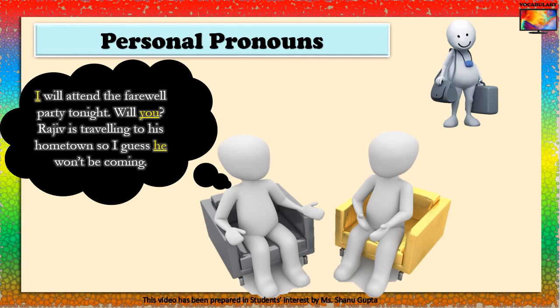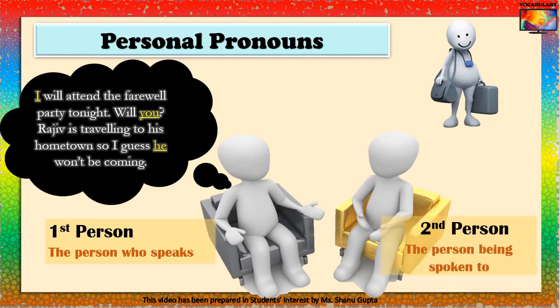In a conversation, the one who speaks is called the first person. In the sentence, I will attend the farewell party tonight, the pronoun I is in first person. The person being spoken to is second person. In the sentence, will you attend the party tonight? The pronoun you is in second person.